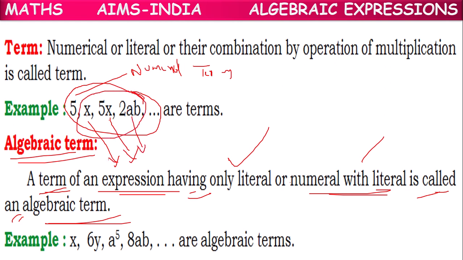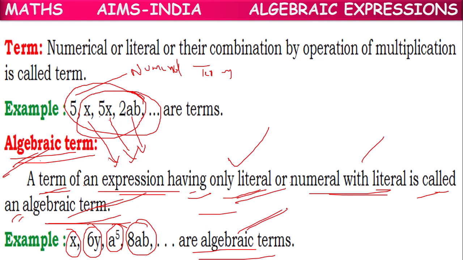These three are considered as algebraic terms because they are having either only literal or numeral with literal. These types of terms, we call them as algebraic terms. So for example, x, 6y, a to the power of 5, 8ab, these are all algebraic terms because they are having either only literal or numeral with literal.